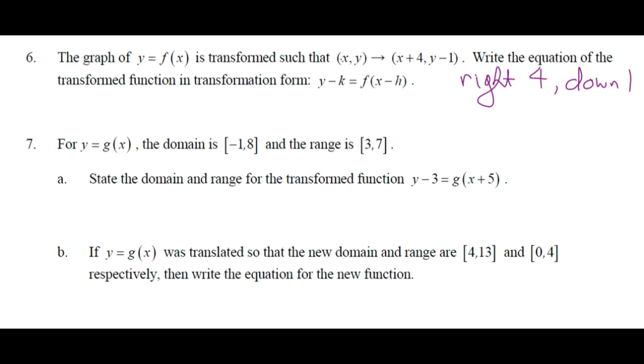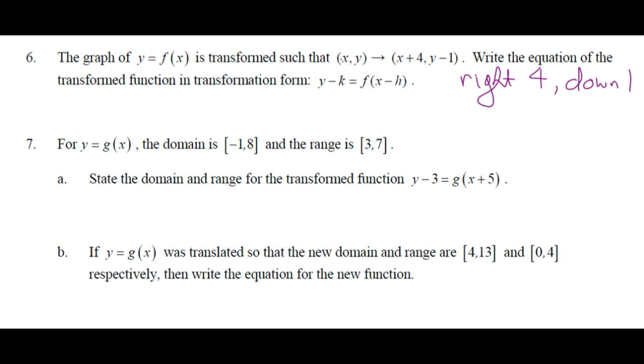This is where you get stuff backwards. But I'm used to doing backwards. So when I see y minus 1, that means that it should be up 1. That's in a transformation, not in a mapping. So in a mapping, all you do is just think, if this was 10, then this is now 14. So in a mapping, this is the point on the graph, which is now going to move somewhere else.